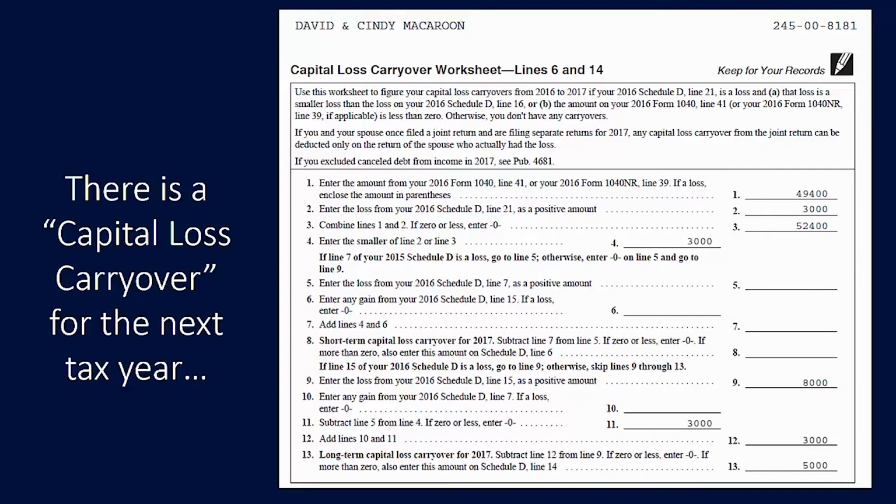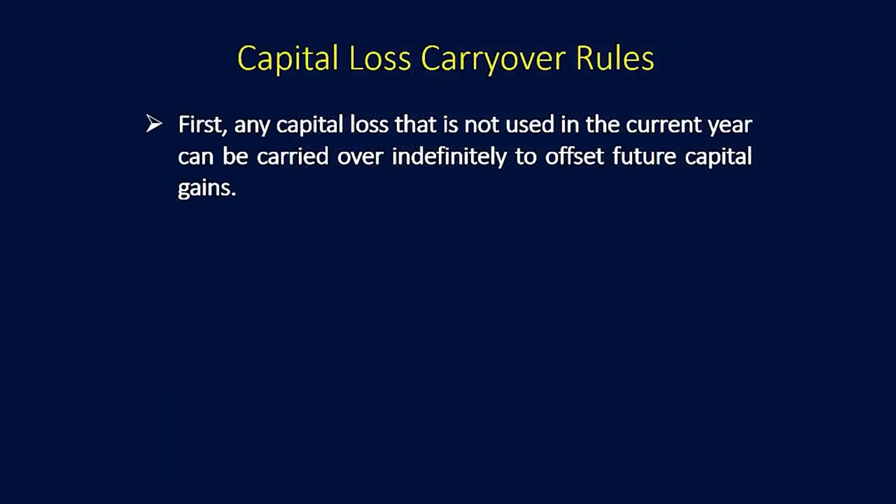Carried over. So, the capital loss carryover rules very quickly. First, any capital loss that's not used in the current year can be carried over indefinitely to offset future capital gains.